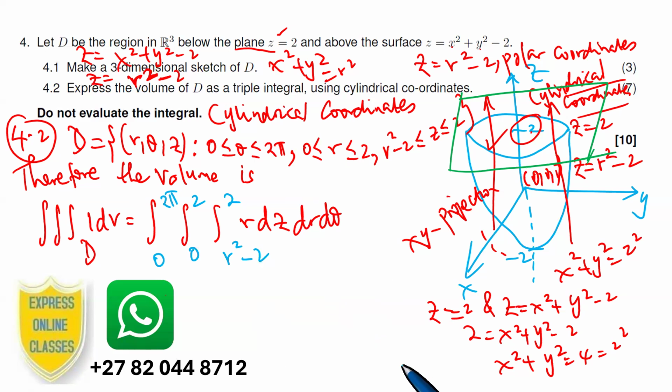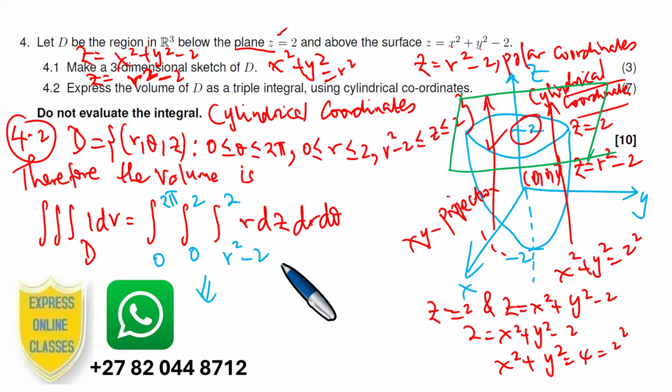If they say you don't have to evaluate the integral, it means you don't have to transform x squared and so on into r cos theta. Do not evaluate means stop here, don't integrate this, because you would have to integrate with respect to z and substitute the limits of integration.